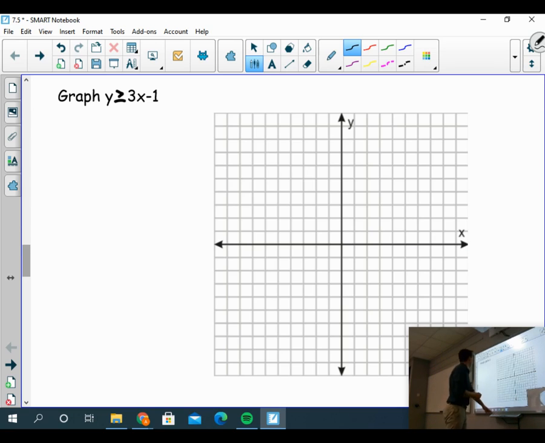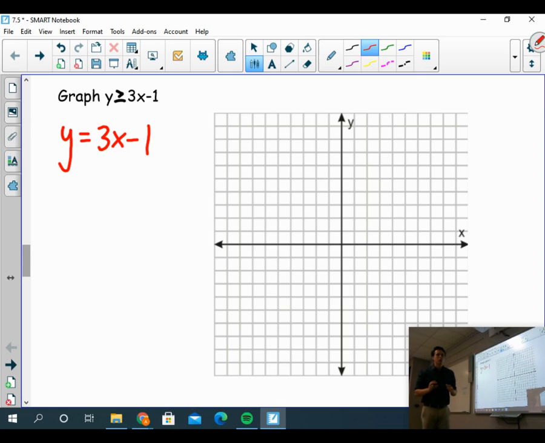So what we're going to do here, we need to graph y is greater than or equal to 3x minus 1. And anytime we're graphing an inequality, it is good to start by getting the outline of the equation. Our inequality is y is greater than or equal to 3x minus 1. What that means is the line y equals 3x minus 1 will be the boundary for our inequality.